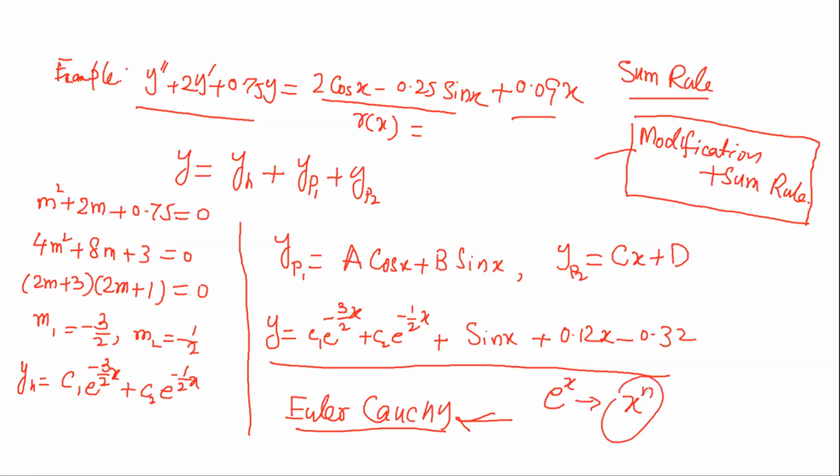So that is the only difference. Euler-Cauchy equations are special cases of second order differential equations. They are linear, but with non-constant coefficients. Their solutions are in terms of x to the power instead of e to the power x. Otherwise the pattern is the same, but you can see the videos which I have uploaded on the Euler-Cauchy equation on the Moodle.